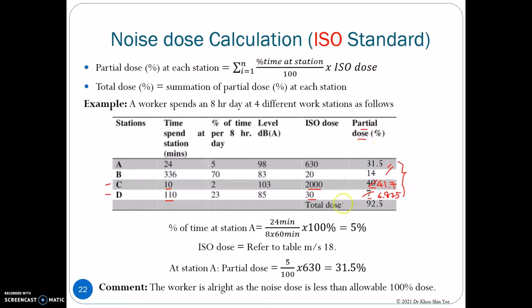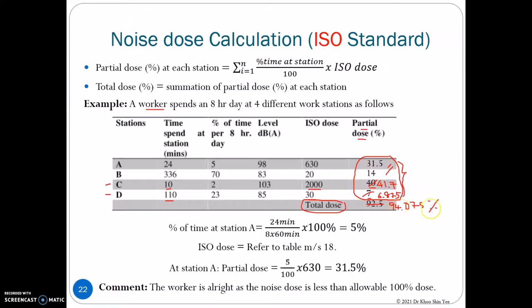To find the total dose for the worker, we need to take the summation of all the partial doses here. So when you take the summation of all the partial doses, where 31.5 plus 14 plus 41.7 plus 6.875, then you should obtain the final answer here to be 94.075%.